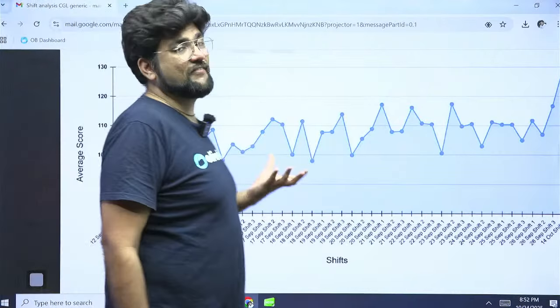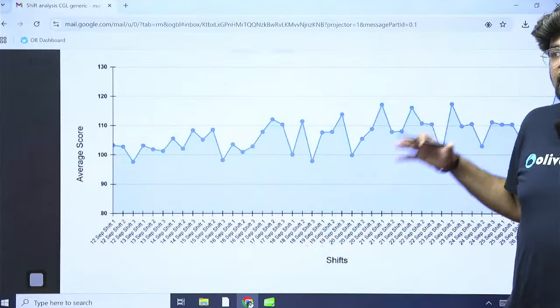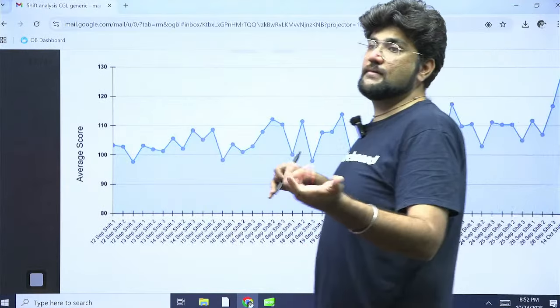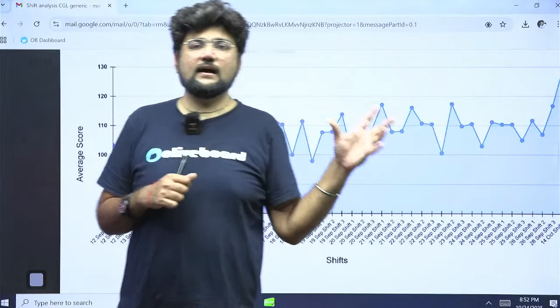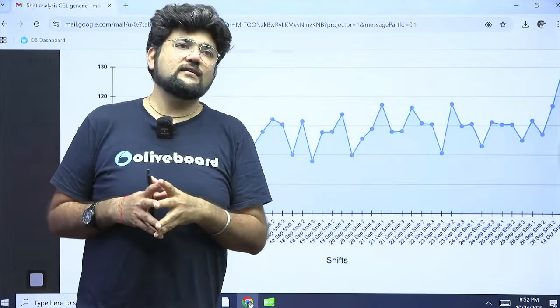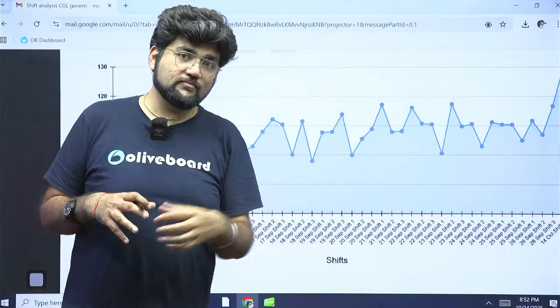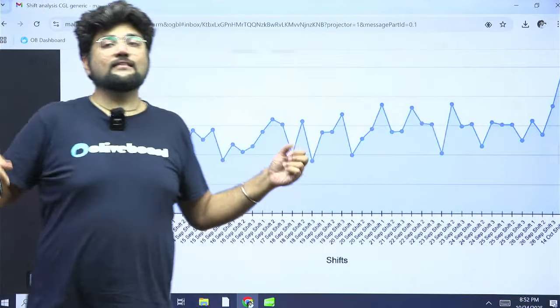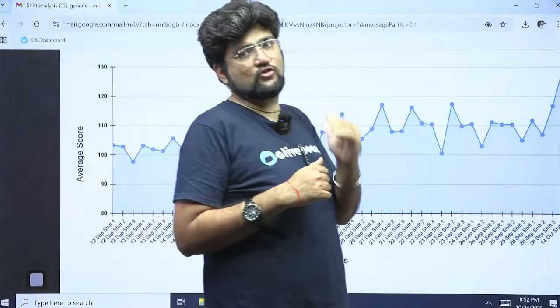How many students have actually faced a problem at a center, how many students actually could not give the examination, how many. So the biggest problem being, a lot of students are saying that despite how much you randomize the data, there is still a possibility that a particular shift has more students who are improvers, meaning they have already given exams in the past and are much more familiar with the system, so they are bound to score higher despite it being a slightly average or a difficult shift.